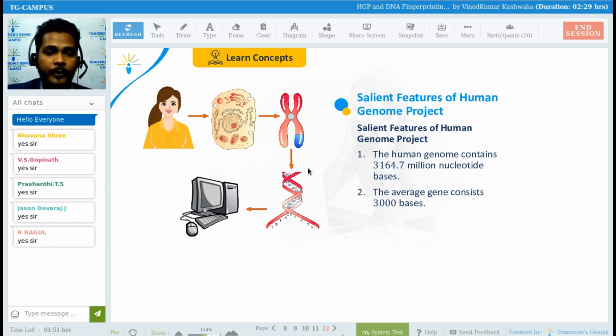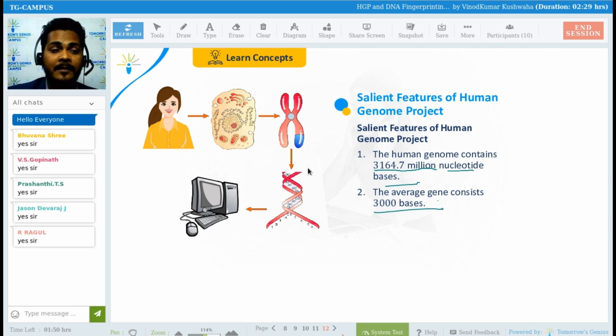So very first, the human genome contains 3,164.7 million nucleotide base pairs. And the average gene consists of 3,000 bases.